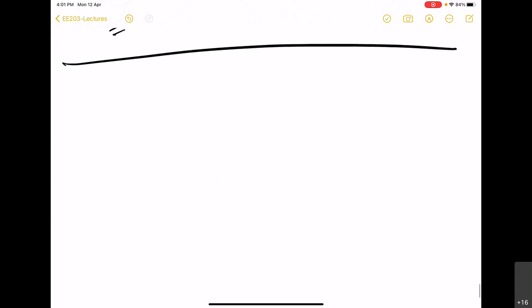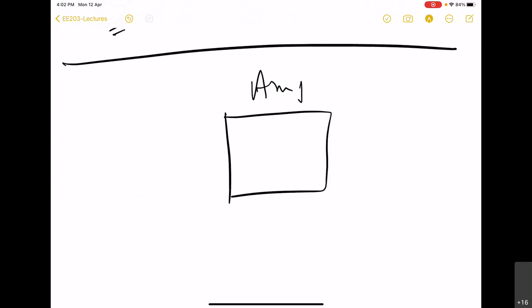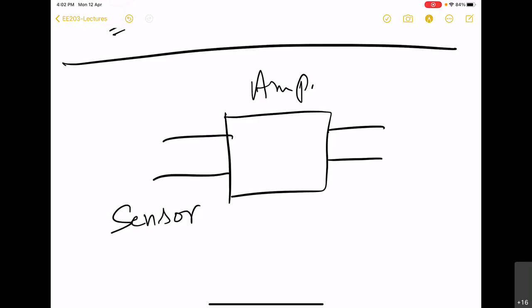Now we return back to our amplifier, and we are going to use this symbol because we will see that we have to explicitly point out the series and shunt connection. So that is why we have returned back to this square box symbol for the amplifier. So here it is sensor, and on the output side it is source.